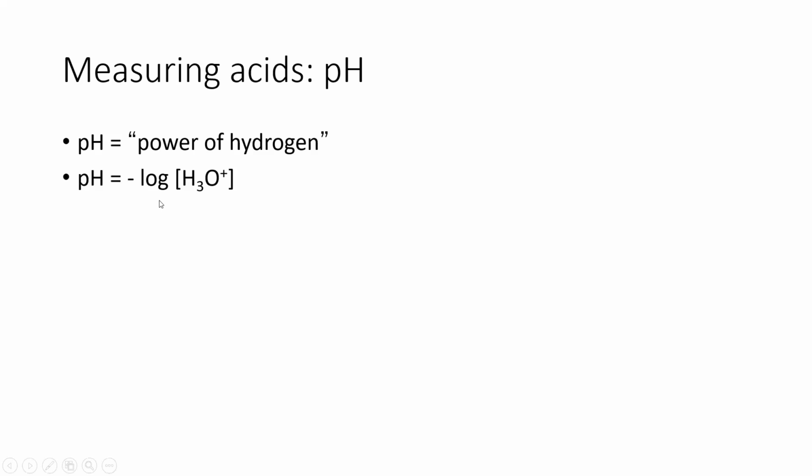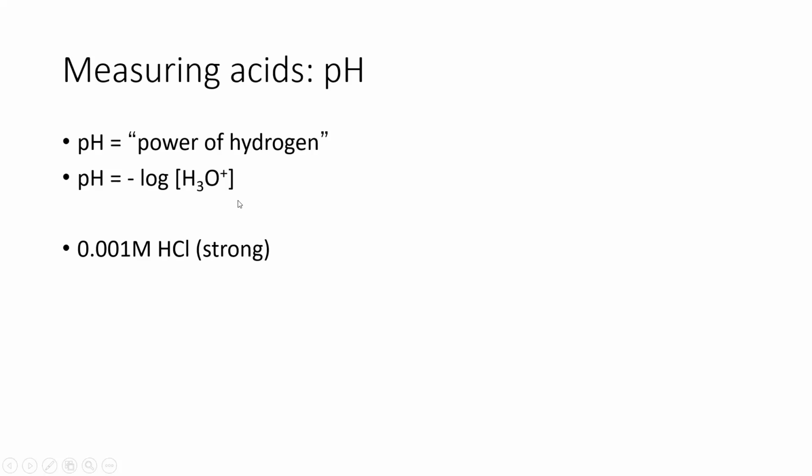A log really focuses on what that exponential power is, and we'll see examples of this in just a minute. The formula for pH is the negative log of the hydronium concentration. So in the case of the 6 molar sample, we would plug in 6 here. In the case of the 0.0012 molar, we would plug in 0.0012 here.